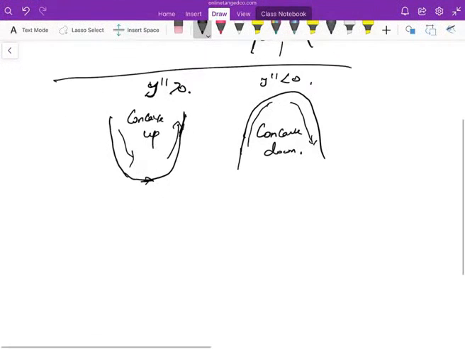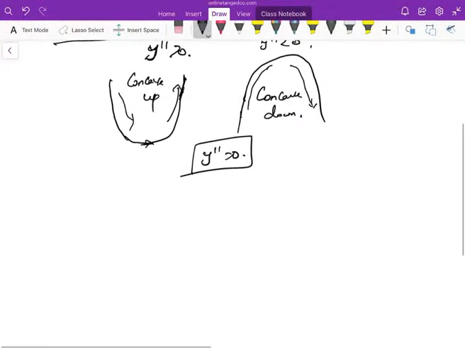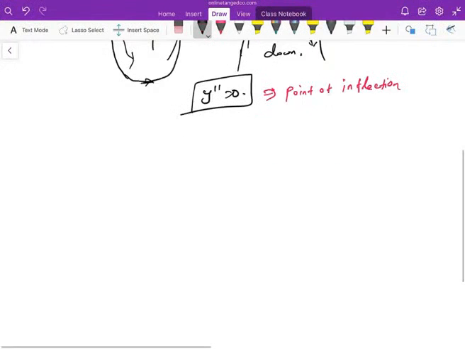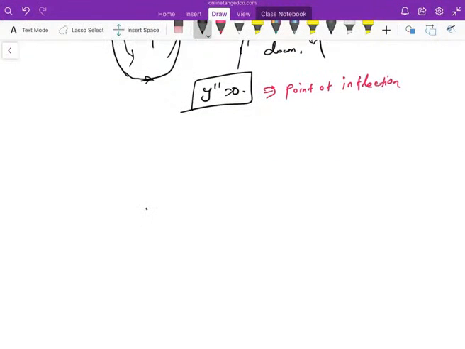If y double dash is equal to 0, what information is it telling you? It tells you that it's a point of inflection. What does a point of inflection mean? Let me assume a function like this. Up to here it is concave down, and from here onwards it is concave up.